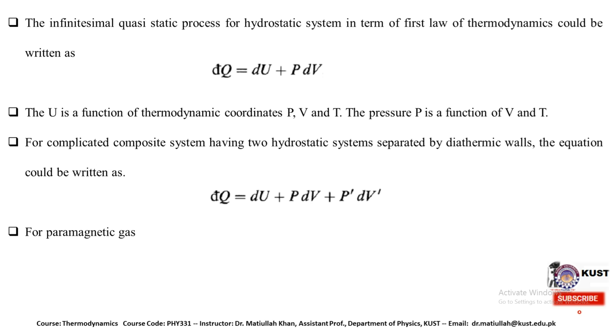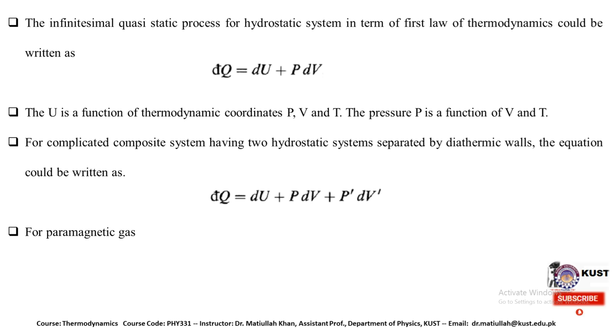In this case the work done has 2 different parts, because it's a complicated hydrostatic system and instead of 1, 2 different systems are involved. So the work done for each system is separately written, though the internal energy is the same, because both systems are separated by diathermic walls, and diathermic walls mean that they can easily exchange heat with each other.